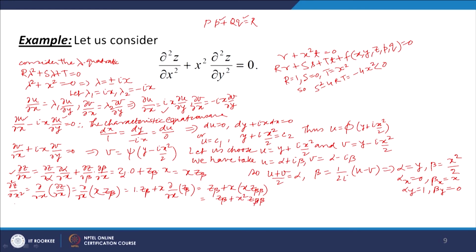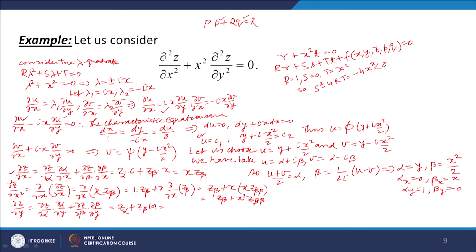And then zy. Let us find zy. So, zy is z alpha alpha y plus z beta beta y. So, del alpha over del y equal to 1. Okay. So, we get z alpha and then beta y equal to 0, so z beta into 0.